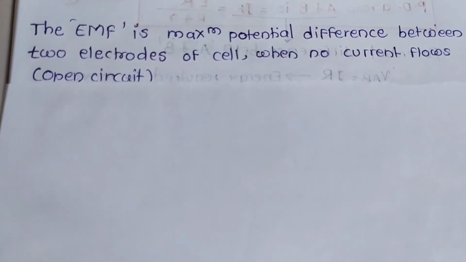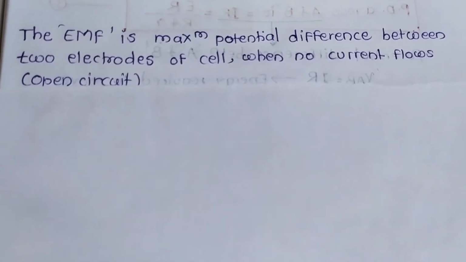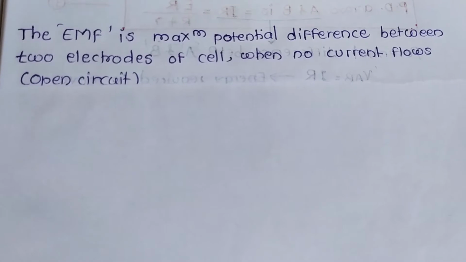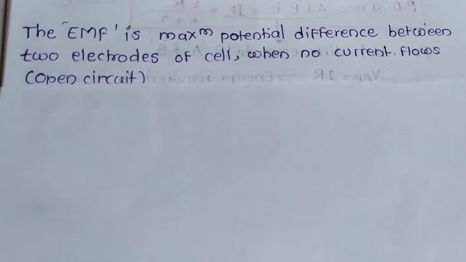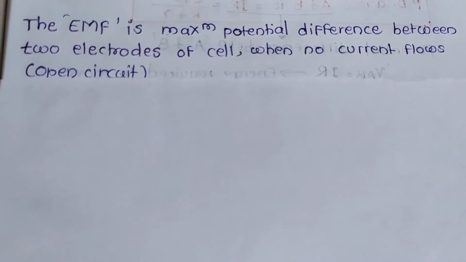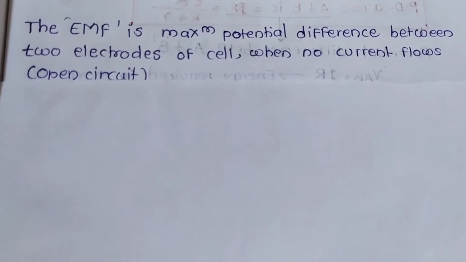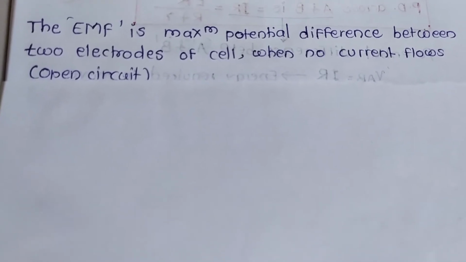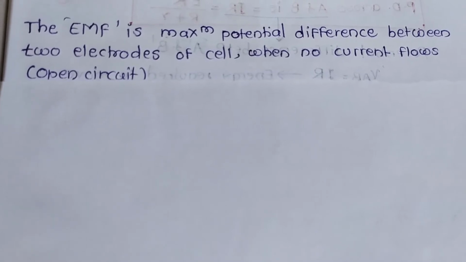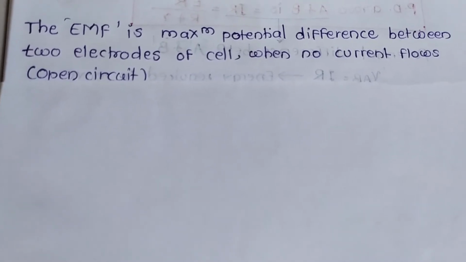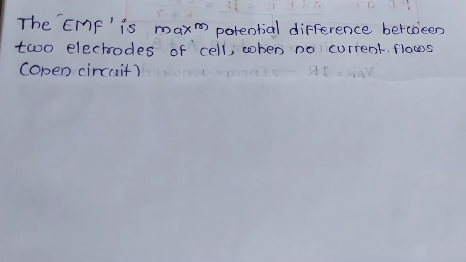Now go for another definition of EMF. When the circuit is open, that means when current is not flowing, what is that? The EMF is the maximum potential difference between two electrodes of a cell when no current flows, or the circuit is open.